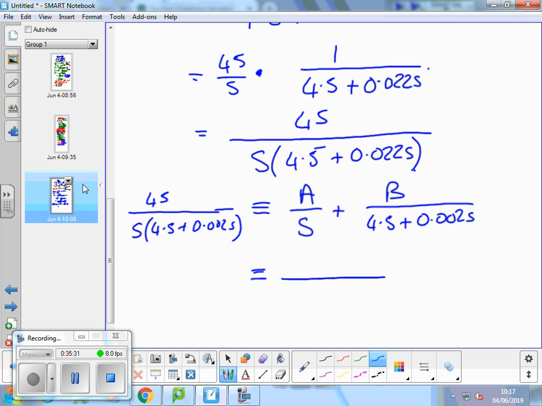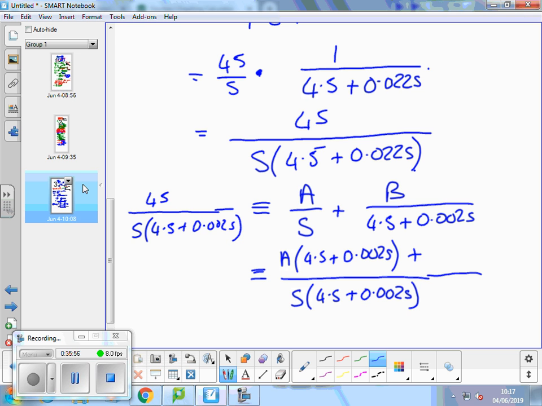And then we want a common denominator so that we can equate the numerators. We write the bottom line like that, and we write the top line as A times 4.5 plus 0.022 s plus B times s.